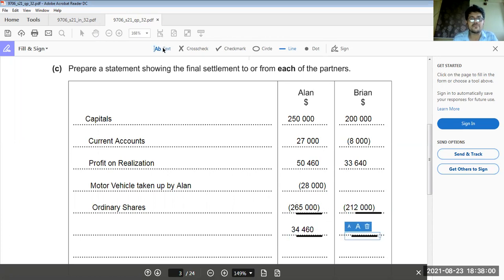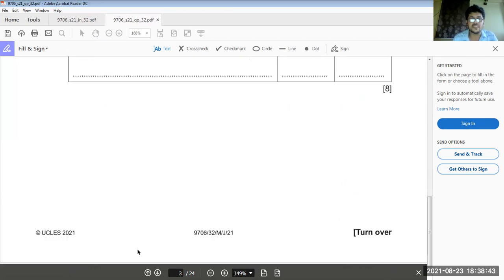How much is Brian left with? 200,000 minus 8,000 plus 33,640 minus 212,000. 13,640 is left to be paid from the business bank. Done? This is it.